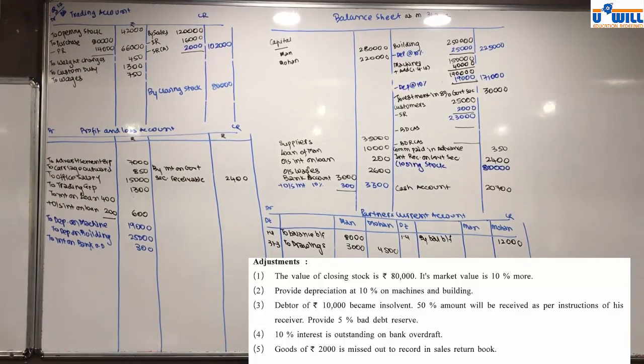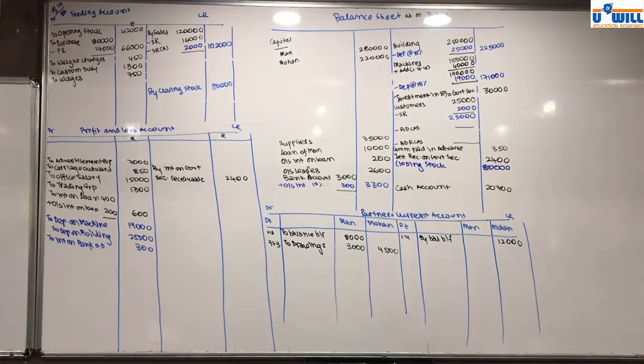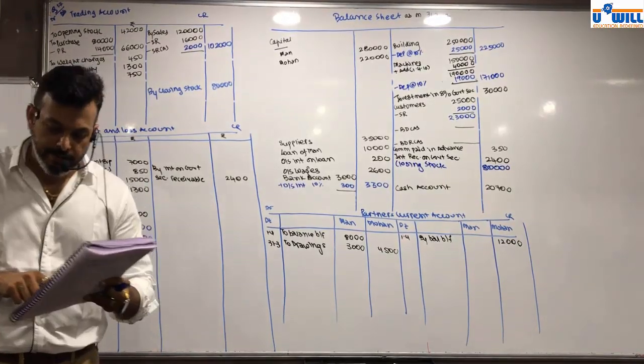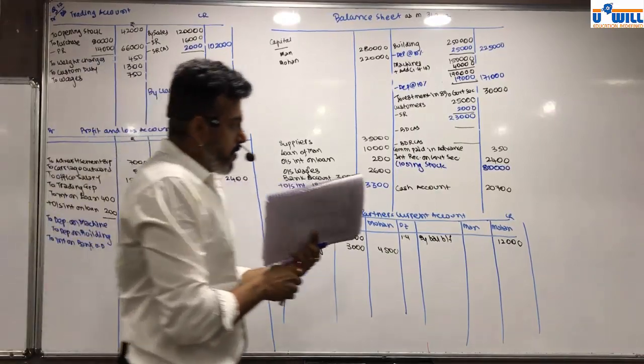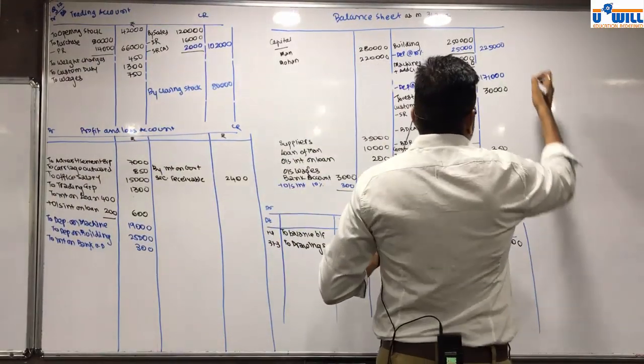Got it? Now, adjustment number 3 is very important. Debtors of 10,000 became insolvent. Now, what are the debtors we have?